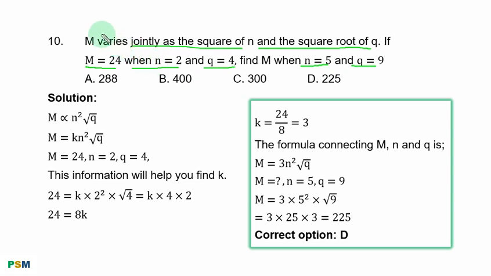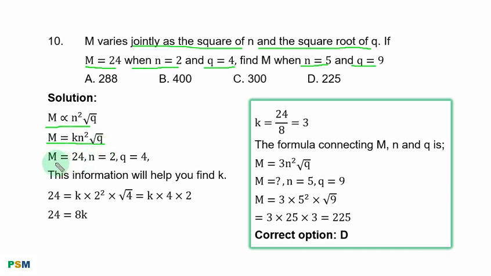The given problem is interpreted in this form. M varies jointly as the square of n and the square root of q. To proceed, you replace the symbol of variation with equality sign and you introduce the constant k of variation.